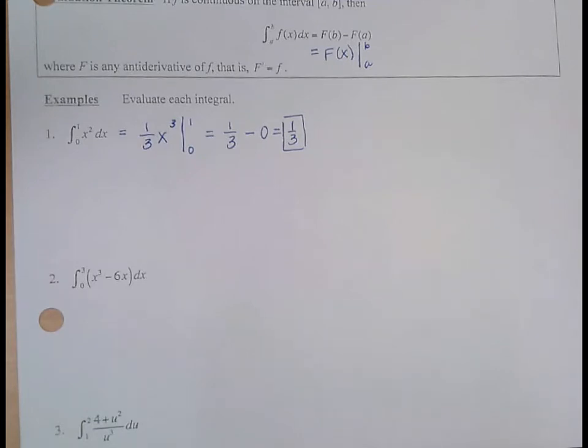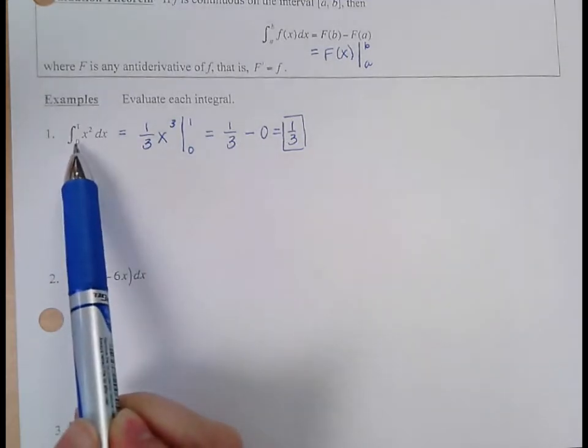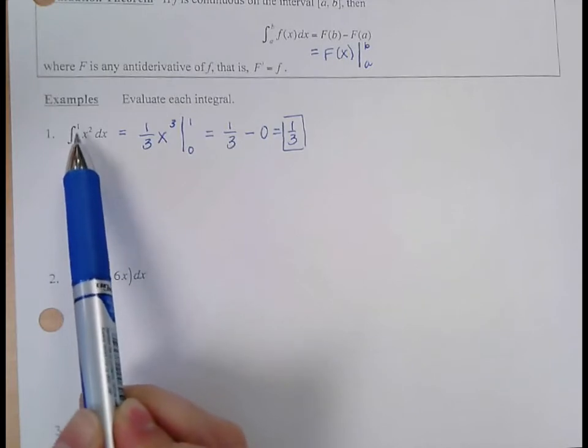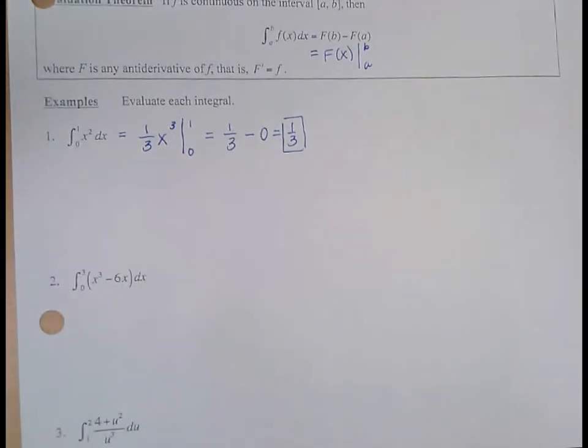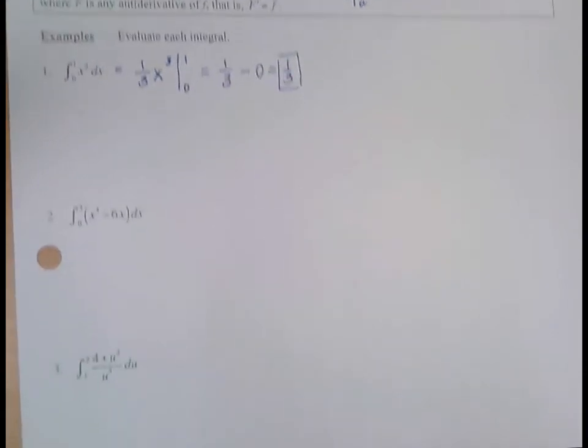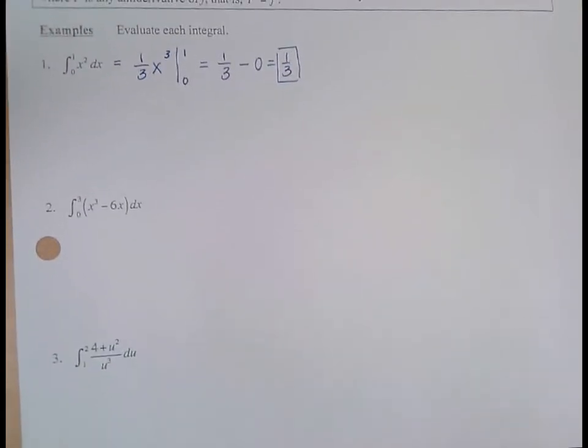You don't have to worry about a constant if your integral is definite because you have the interval that it's on. So when we go over indefinite integrals, you will need it. So definite integrals, because your answer is just a number, you don't have to worry about the constant. All right, does that make sense? So as long as you can find an antiderivative, then you're evaluating the antiderivative.